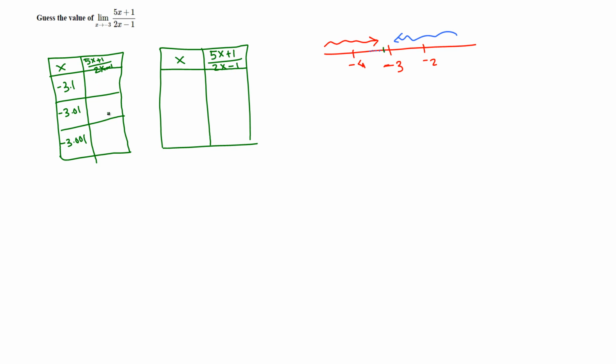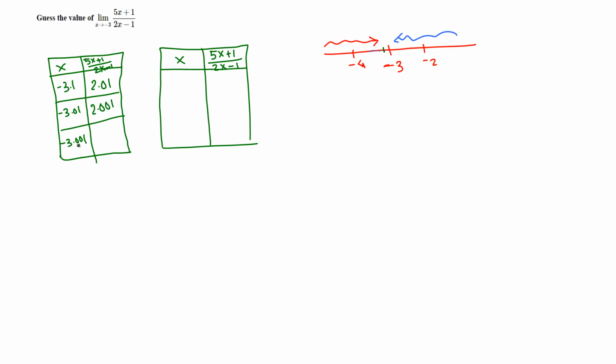Now we plug these x values into this function, 5x + 1 over 2x - 1, and get the corresponding function values. Let me use the calculator. If we plug in -3.1, then we get positive 2.01. Let's plug in -3.01. That gives 2.001.